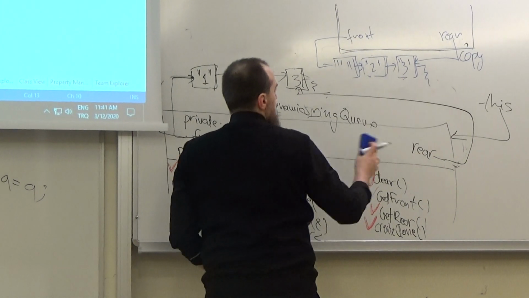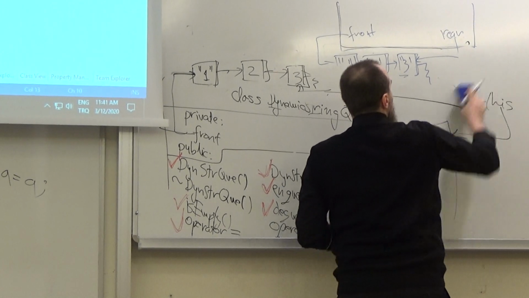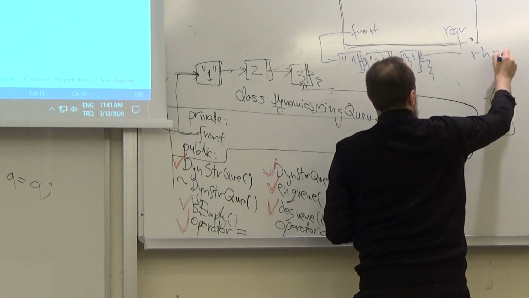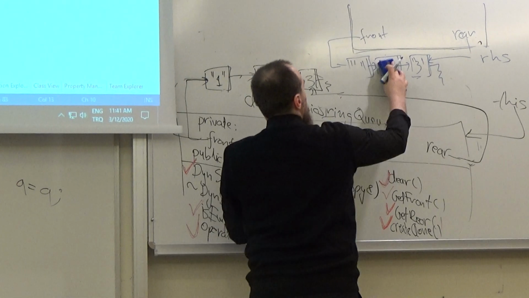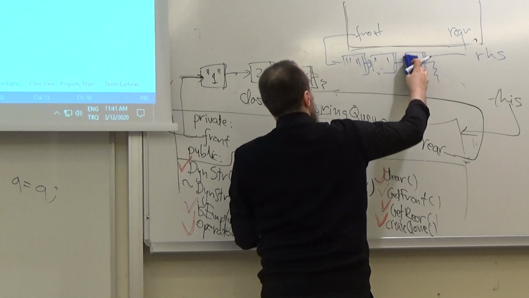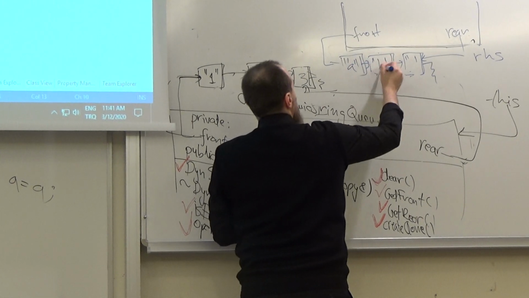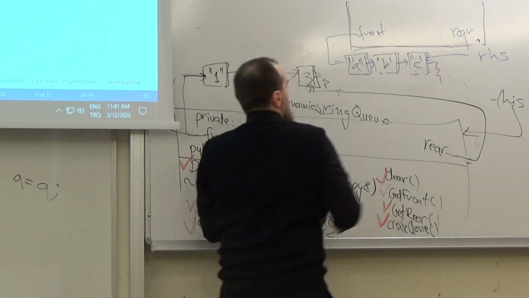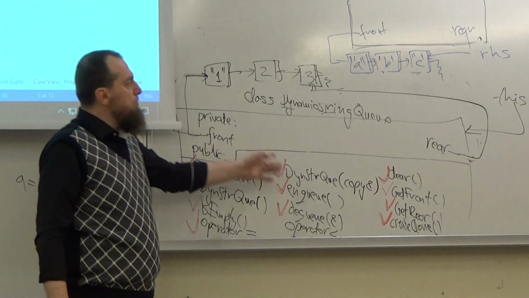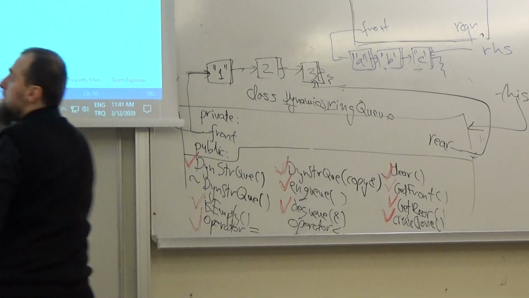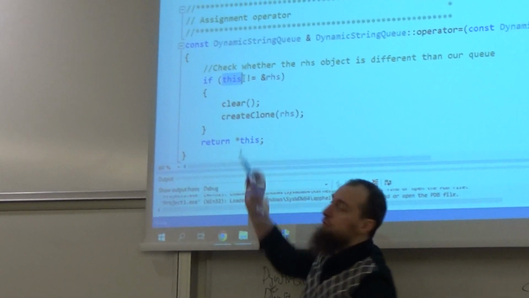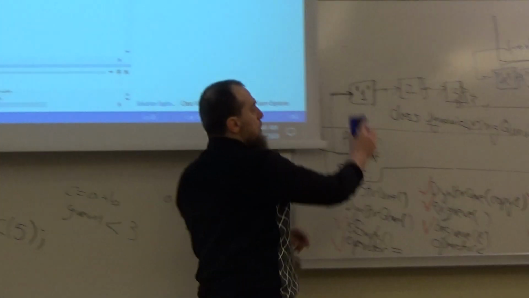So it's taking right hand side. Now since we're dealing with the operator equal, this is my right hand side, RHS. So the values of this guy, let them be A, B, C. And I want myself to be equal to right hand side. So what I'm going to do is the following. First of all, as you see here, I'm going to call the clear function, which is going to delete all of those nodes.